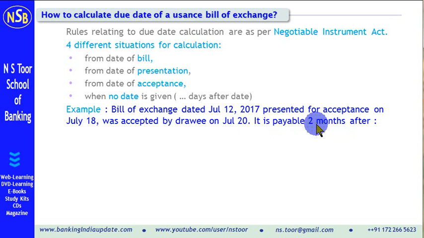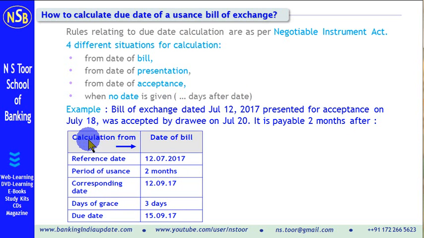So 2 months after can be date of bill, or 2 months after date of presentation, or 2 months after date of acceptance, or it can be simply mentioned payable 2 months after date. Now we shall calculate the due dates on the basis of this example for all the 4 situations.